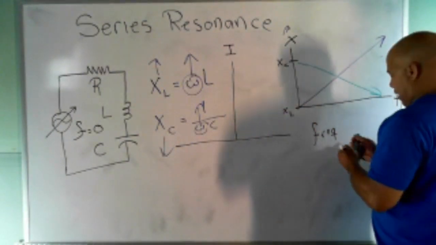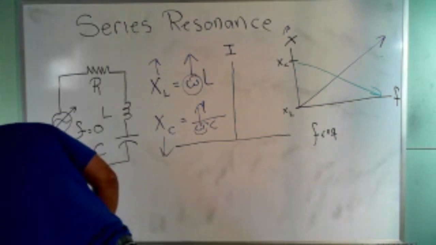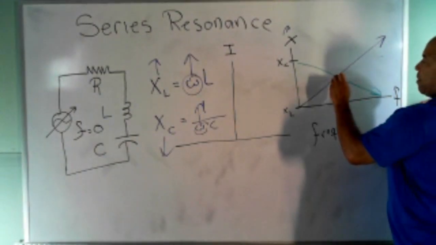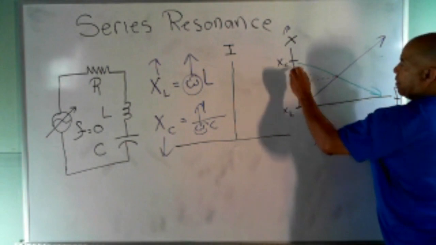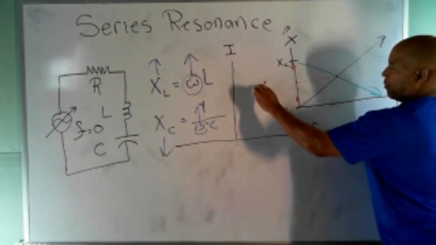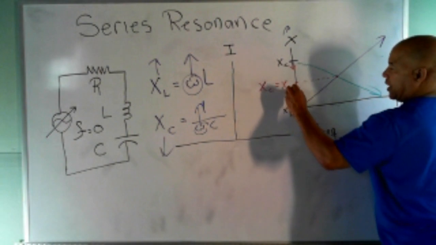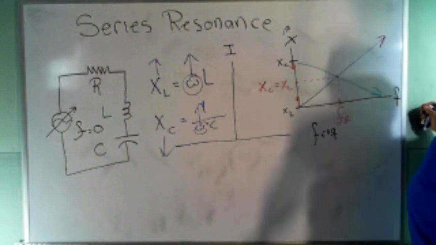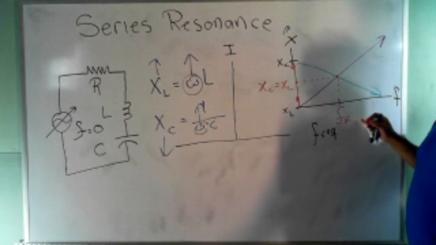And as they move along the axis that they're assigned to, at some point right here, this is the point where XC equals XL, and the frequency at which that happens, we call the resonant frequency. We subscript that with an R.